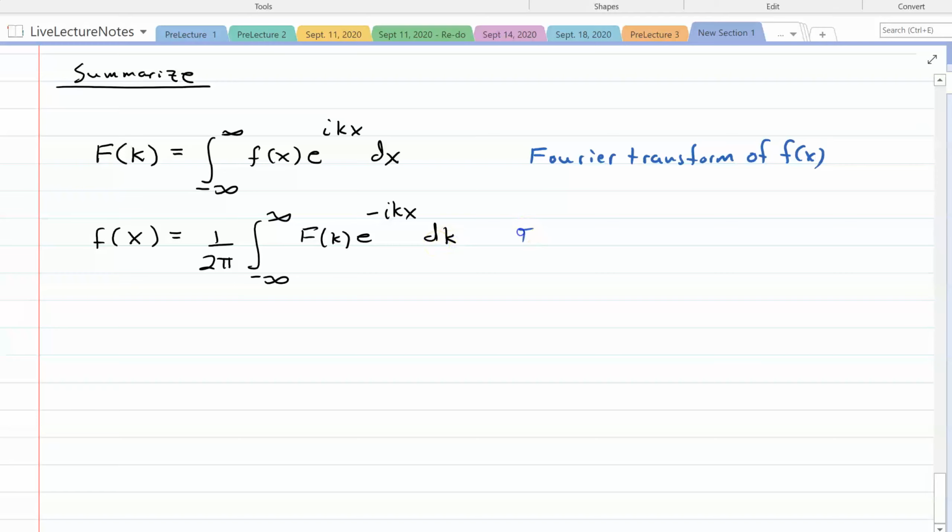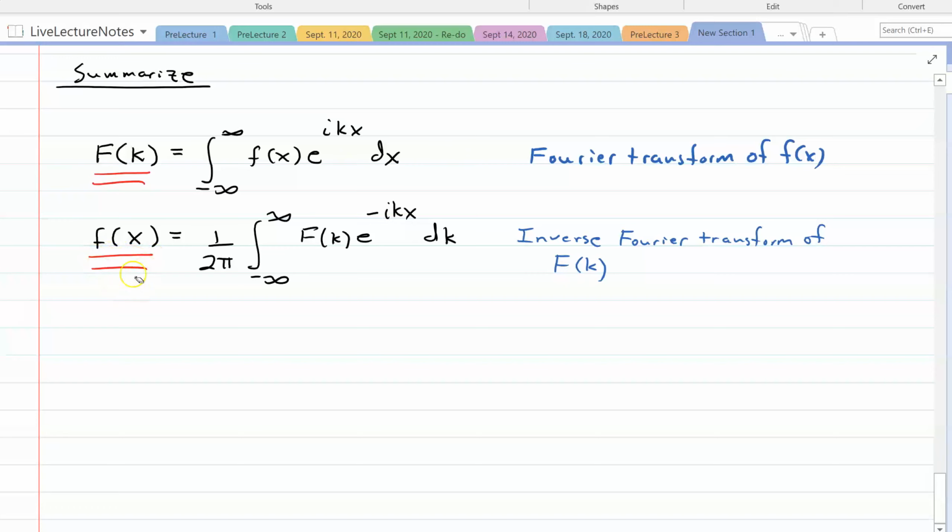This is what we call the inverse Fourier transform of F of k. Okay? So x is position, k is kind of like frequency, right? This here is telling you the representation of the function in frequency space, which frequencies are present. This function is telling you the function in position space, and they're related.